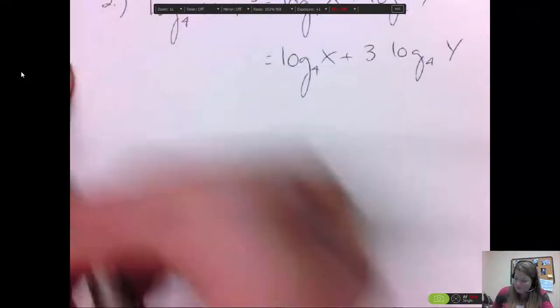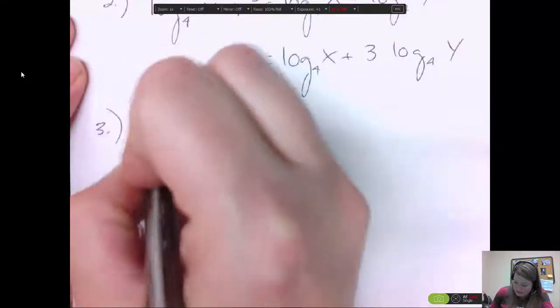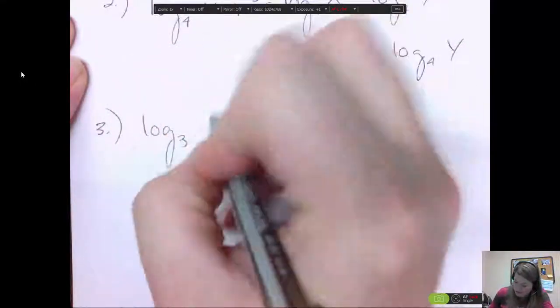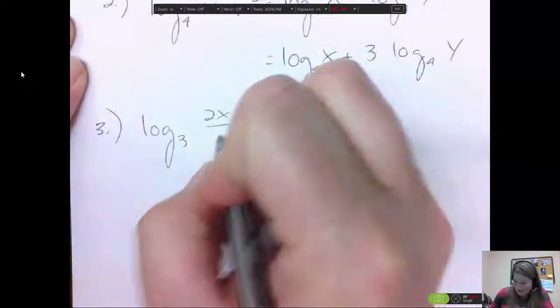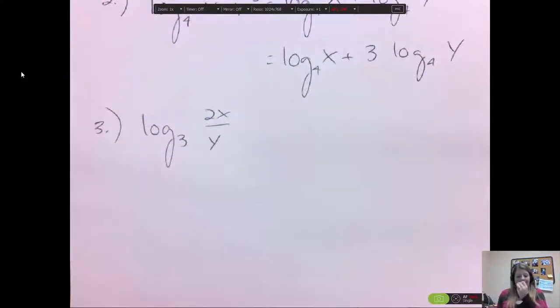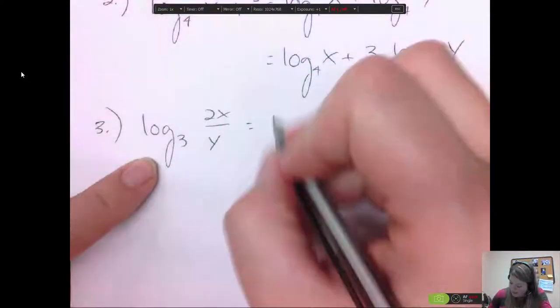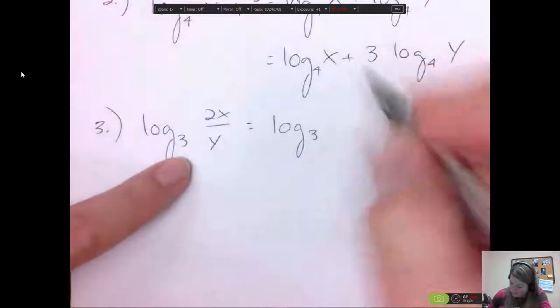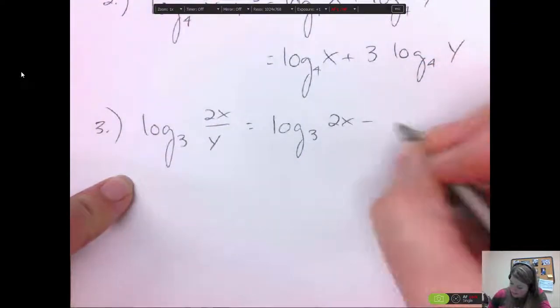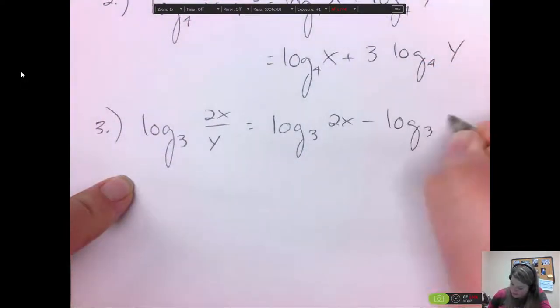Okay, what if I have log base 3 of 2x over y? So this has times and subtraction. So we're going to split it up first by numerator and denominator, and we'd have log base 3, always keep the same base, of 2x minus log base 3 of y.